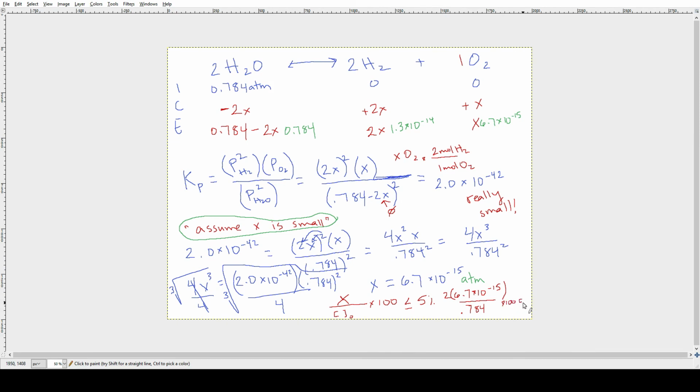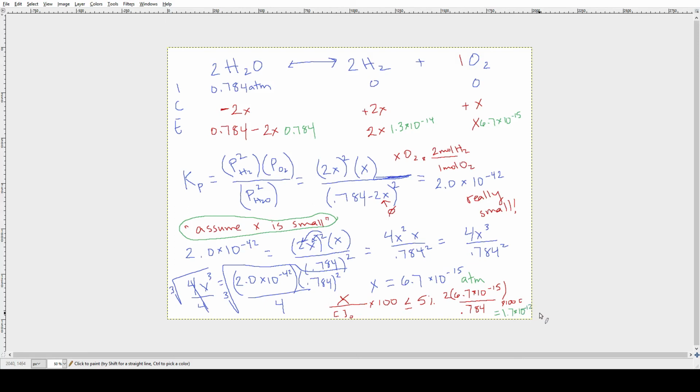So let me just get my calculator and see what we get. 2 times 6.7 times 10 to the negative 15 divided by 0.784 times 100. And wow, that is a small number, which is good. That's what you want. This is equal to 1.7 times 10 to the negative 12th.